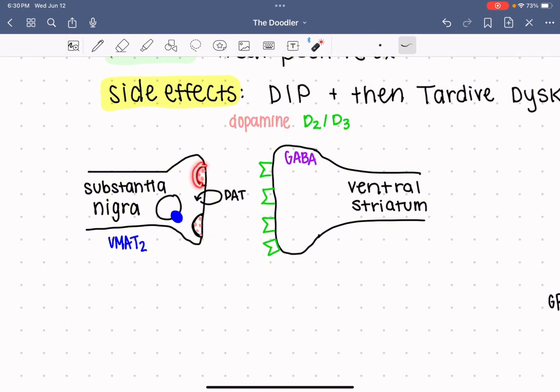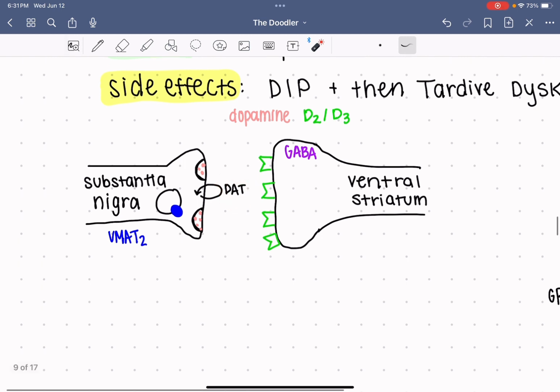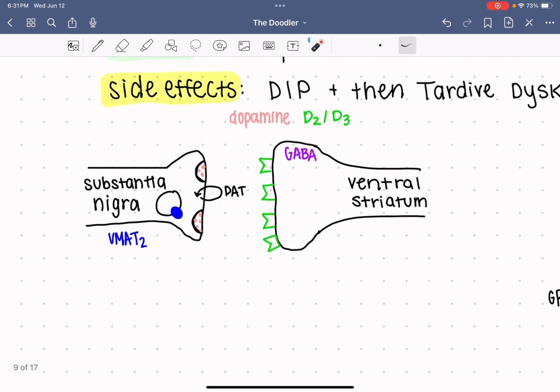These vesicles right here are dopamine, and as shown in this picture, they are fusing with the presynaptic membrane and dumping into the synaptic cleft. This DAT is a dopamine reuptake pump that pumps dopamine out of the synapse into the presynaptic axon terminal.